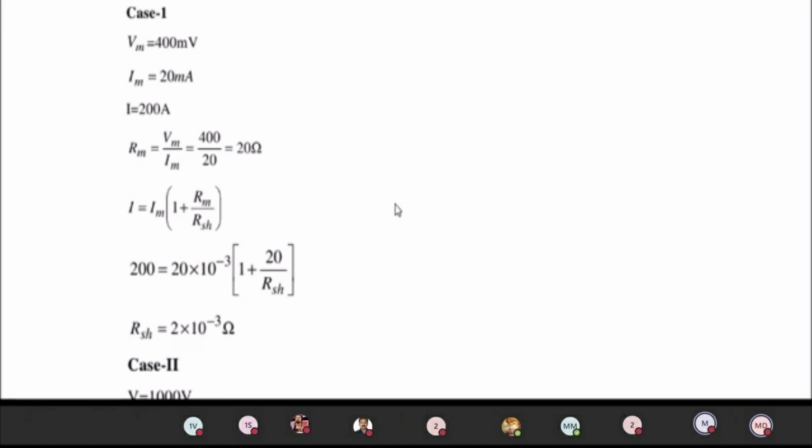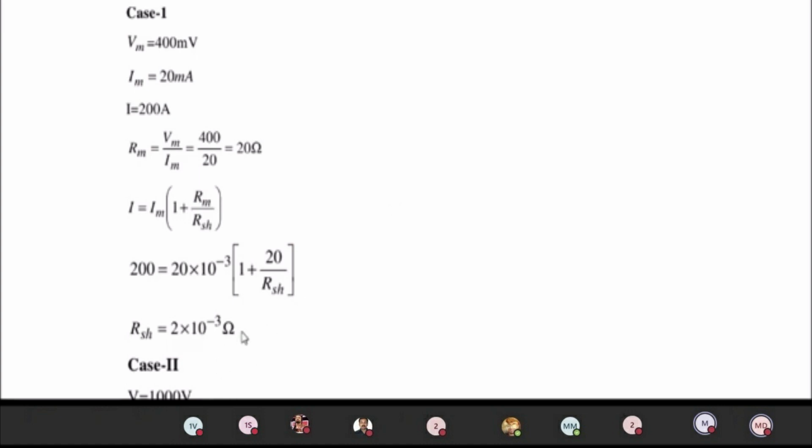So using this we can find how much resistance has been connected in shunt while acting as an ammeter. Substitute the known values in the formula so that we can calculate the shunt resistance required.